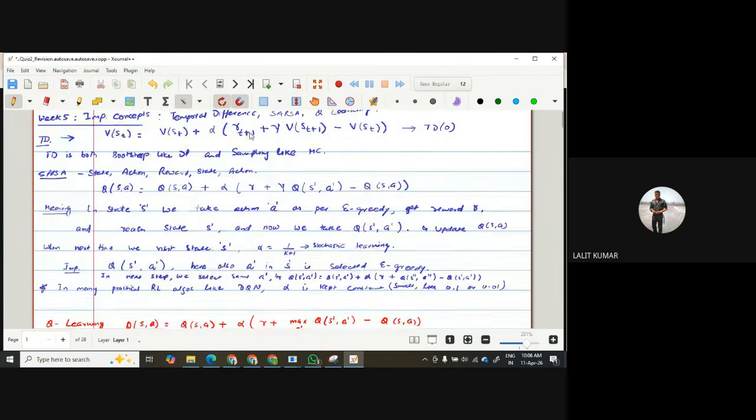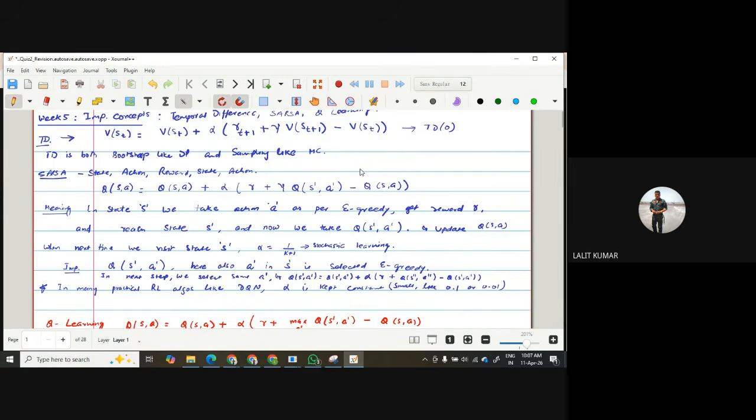Now we come to SARSA. SARSA is an on-policy TD control. SARSA stands for state, action, reward, state, action. SARSA is nothing but TD(0).